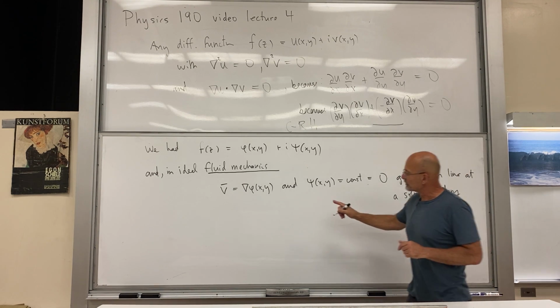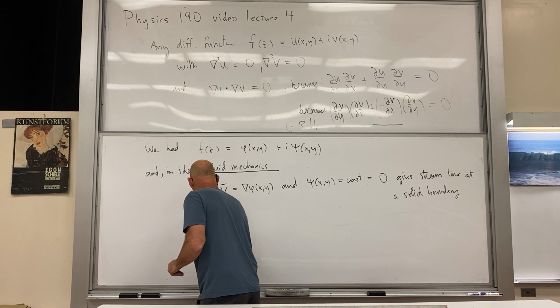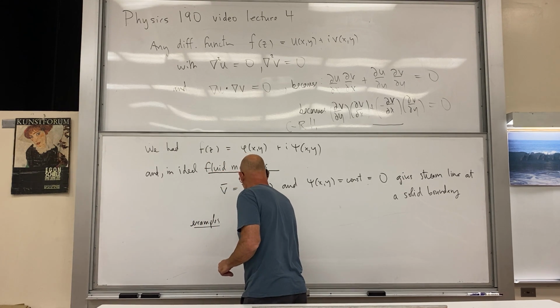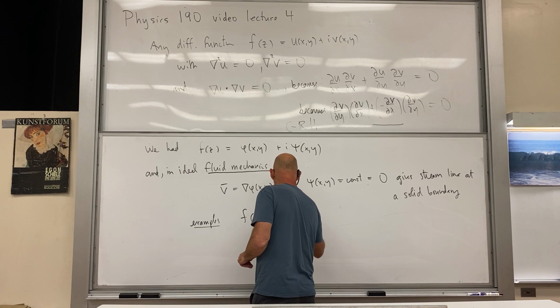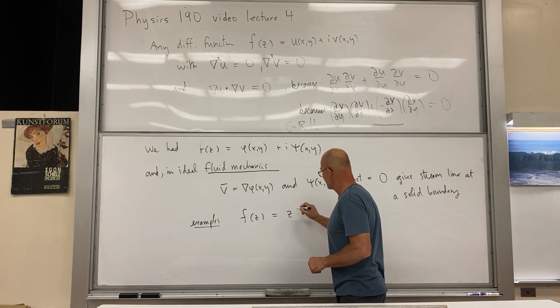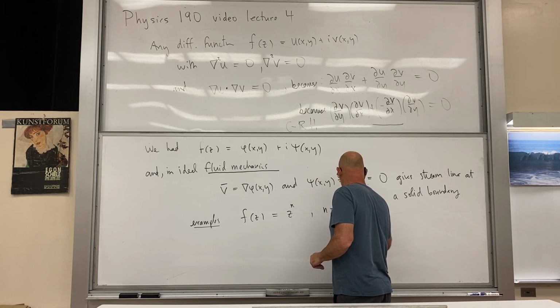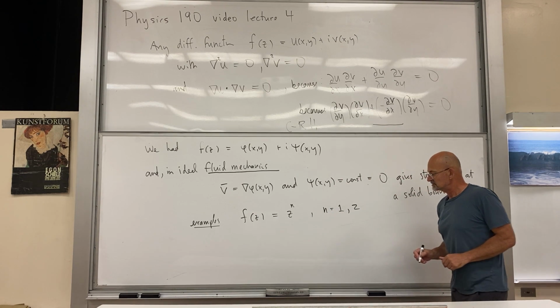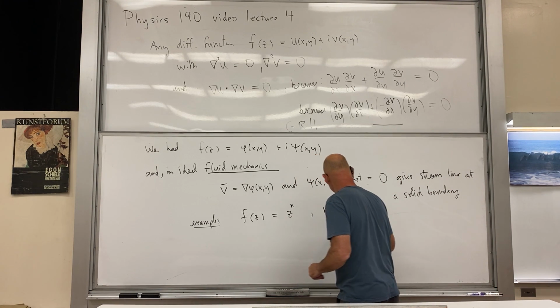And then what did we have? We had, as two examples, f of z equals z to the n. We had n equals 1 and 2, and I'll just do the n equals 2 version.